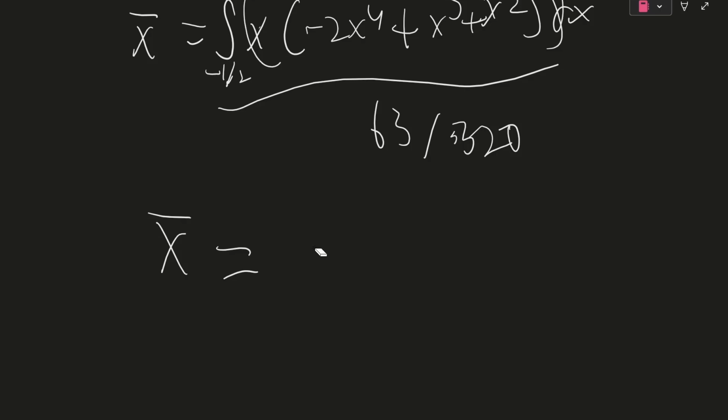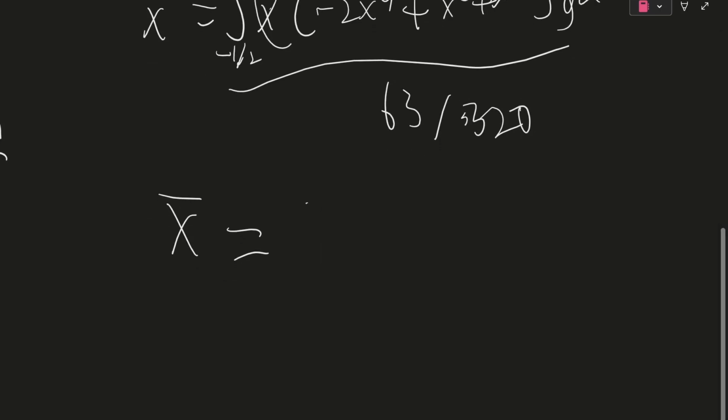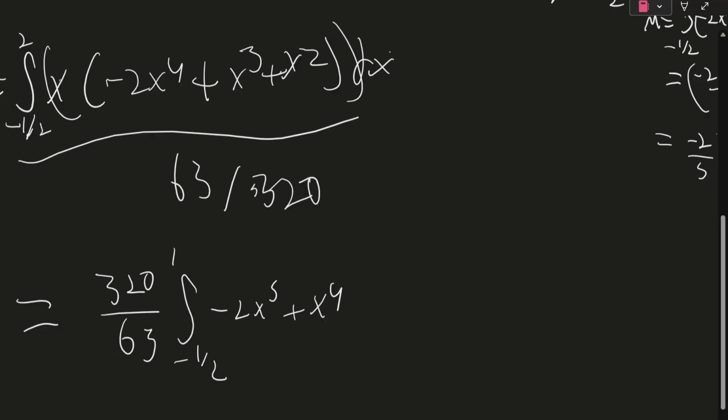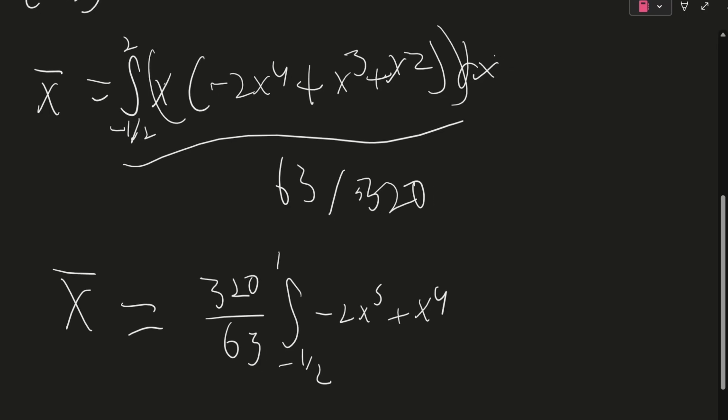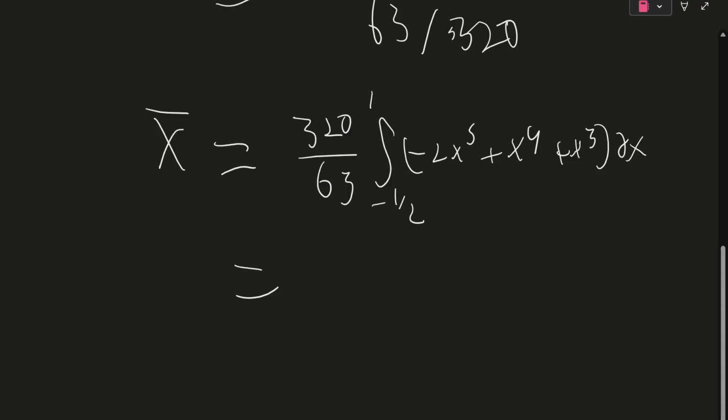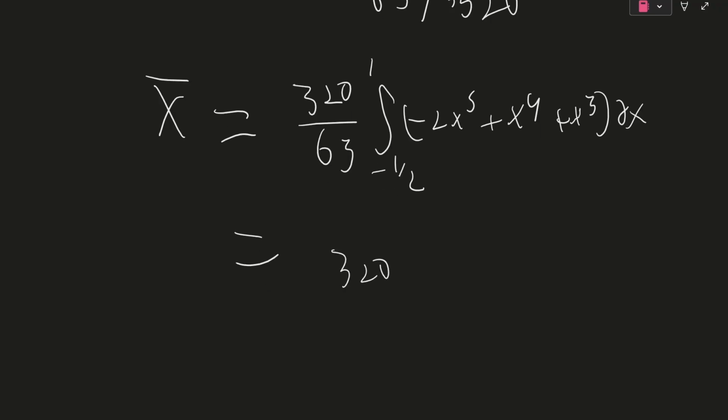Now we can rewrite our 63 over 320 as 320 over 63 times our integral from negative 1/2 to 1 of, and we'll distribute our x out, so this becomes negative 2x to the 5th plus x to the 4th plus x cubed, dx.